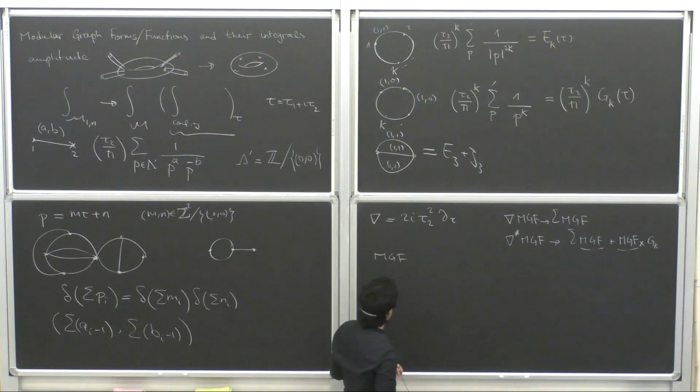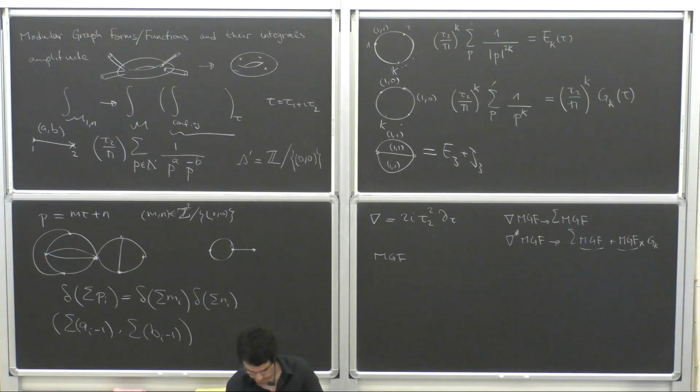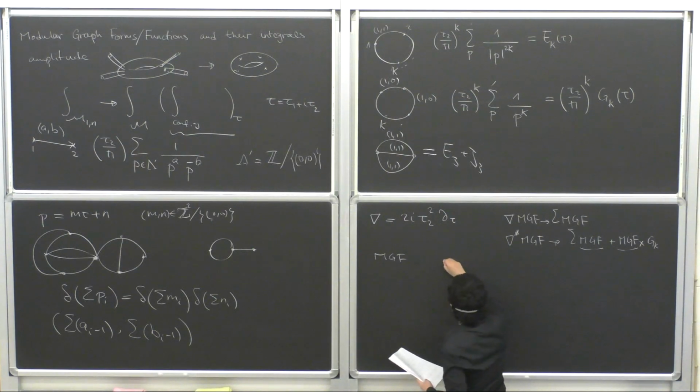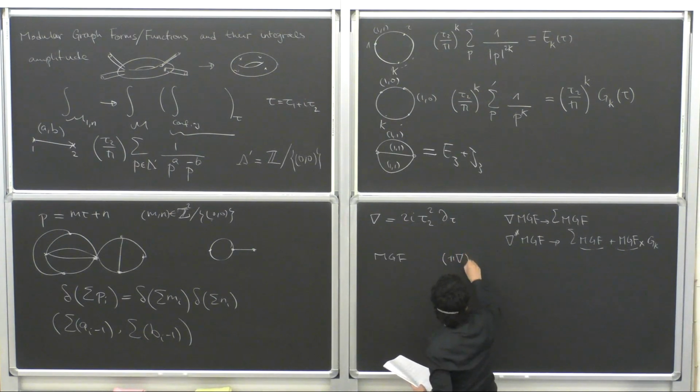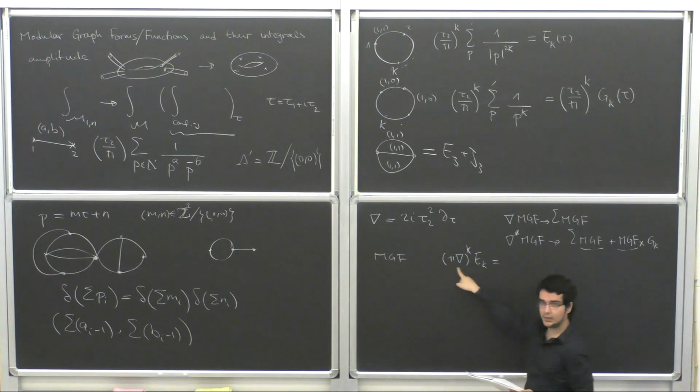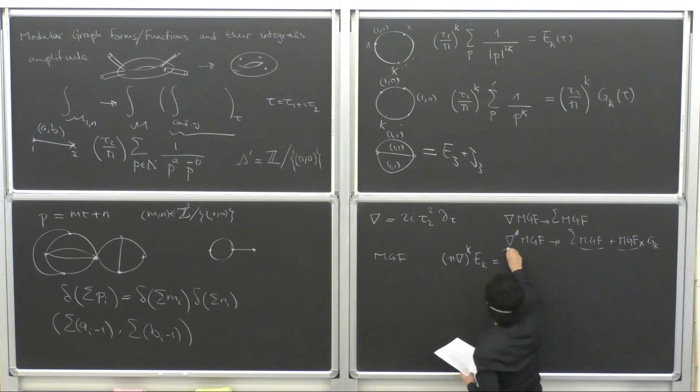So if I want to go by example, if I don't want to just say some vague things, let's have an example. For example, if I compute pi nabla to the k of E_k, what I get is gamma 2k over gamma k.